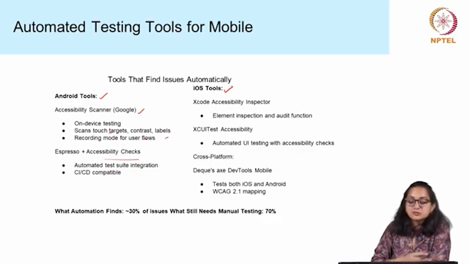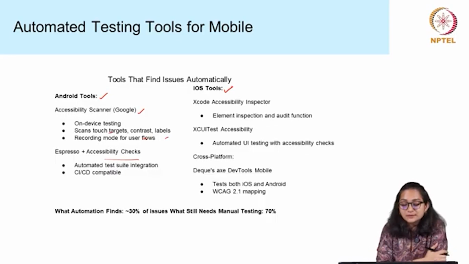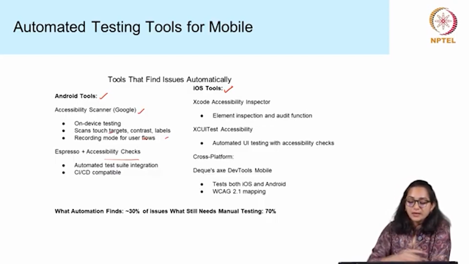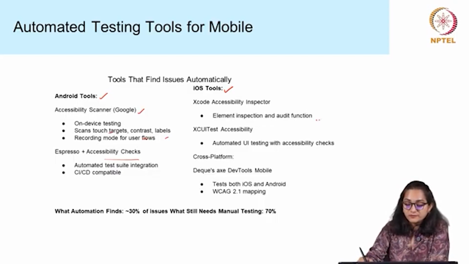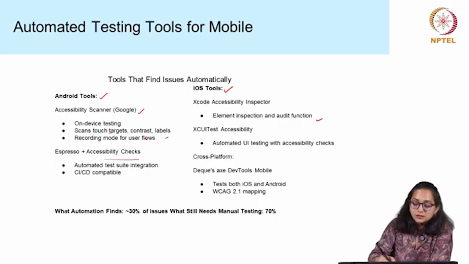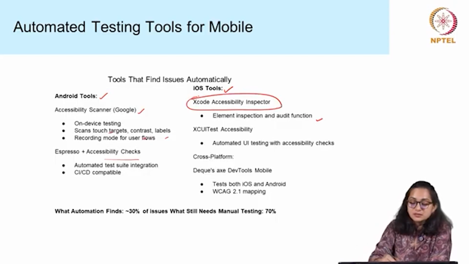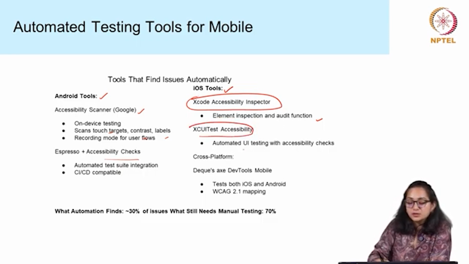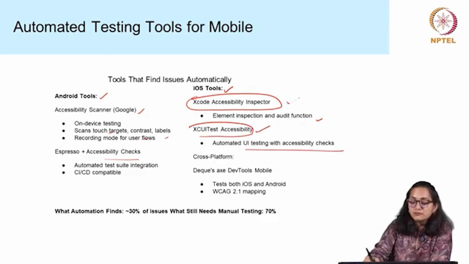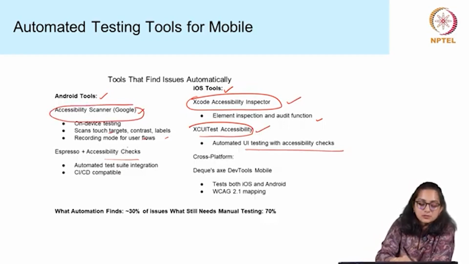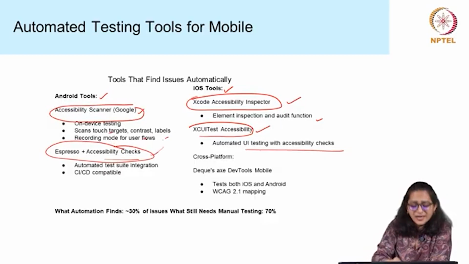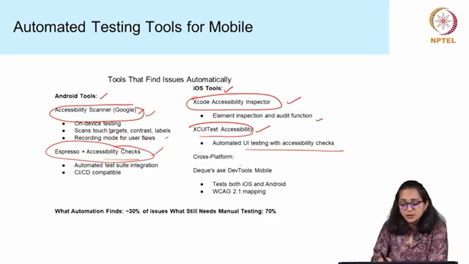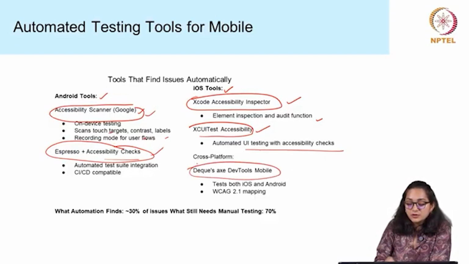Then iOS tools, so Xcode Accessibility Inspector, with element inspection and audit function. This tool is again quite popular. Xcode Testing, accessibility, so again automated UI testing. You can Google these names and dive into each one of them. And then there is your cross platform Axe DevTools.